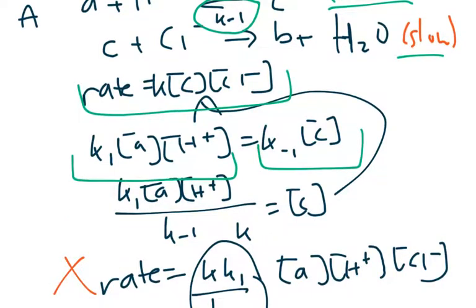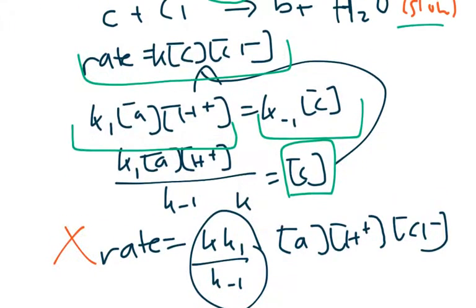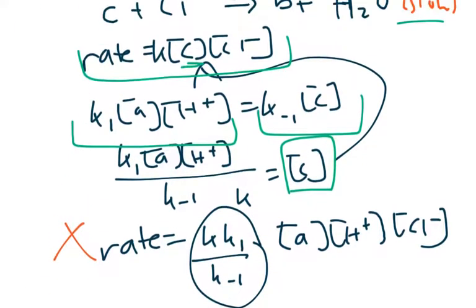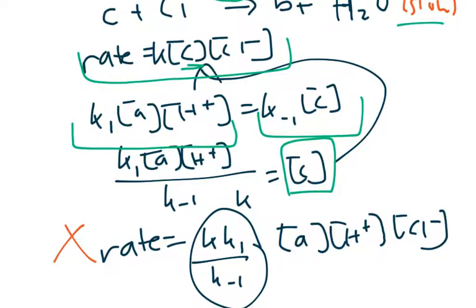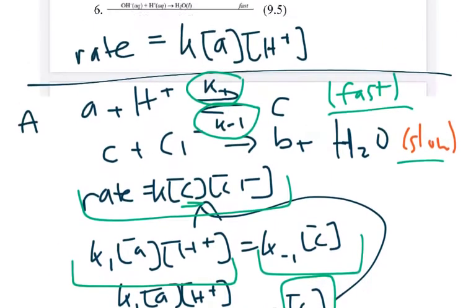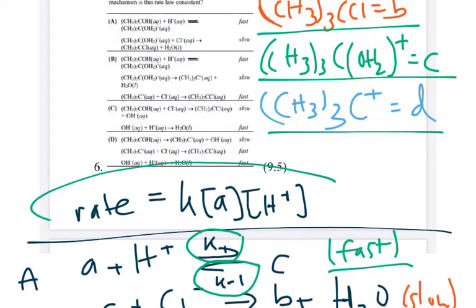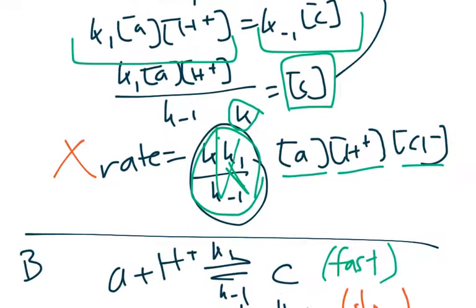And doing some algebra, we singled out the concentration of C, and we simply plugged it back in here, and we got that rate is equal to K times K1 over K-1, which can all be simplified to a generic K, so you could have written K here, multiplied by A times H+ times Cl-, and this does not match the rate law that they gave us, so this one is wrong.